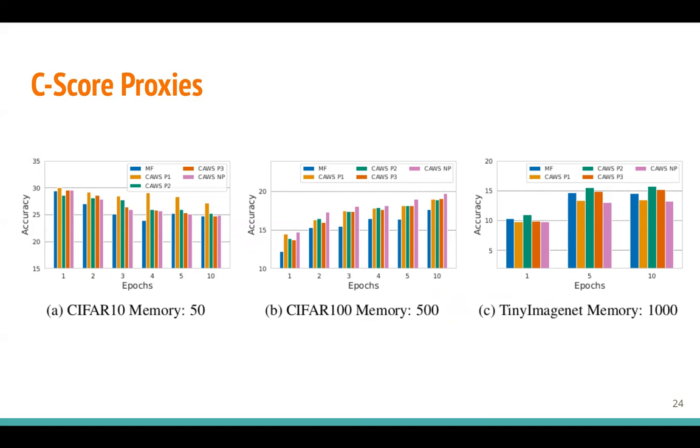What is very interesting is that in some cases, CIFAR-10 and TinyImageNet, one of the proxies has better results than using CAWS with the original Z-scores. And this is kind of surprising for us, but we don't have a complete and real answer for this question.